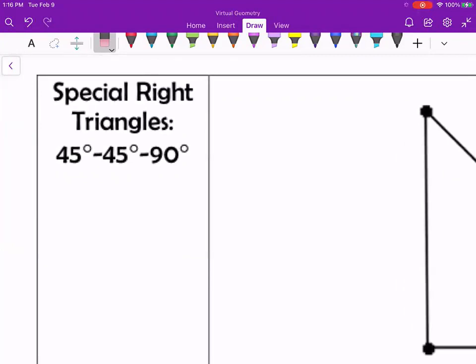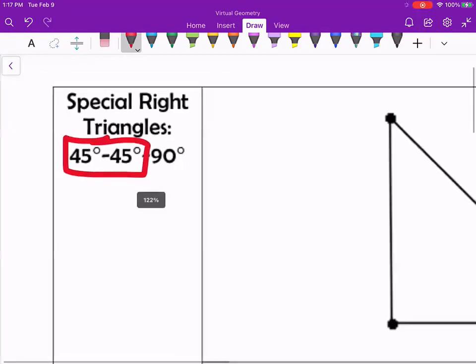Now, like last time for 30, 60, 90 degrees, your pattern was x, x square root 3, and 2x for your different legs and your hypotenuse. This time, because you've got two angles that are the same, that means you've got two legs that are the same as well.